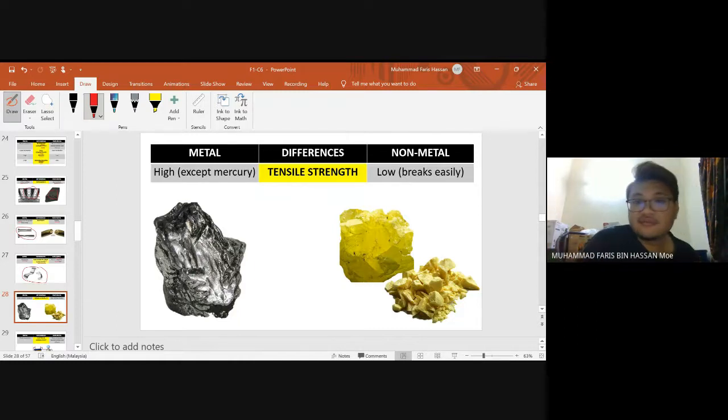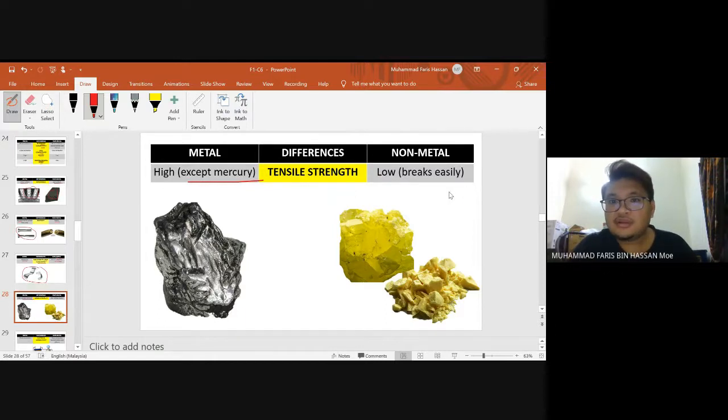So the tensile strength for metal is quite high, except mercury, because mercury is actually in liquid form, so it's not in solid form. So how do you want to see the tensile strength of liquid mercury? That's why it is an exception.